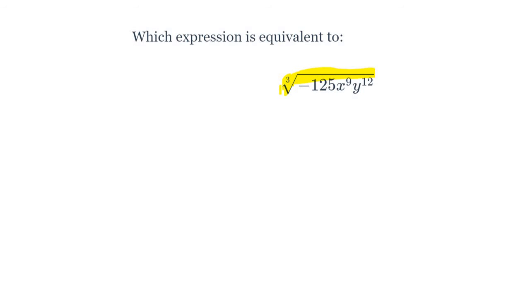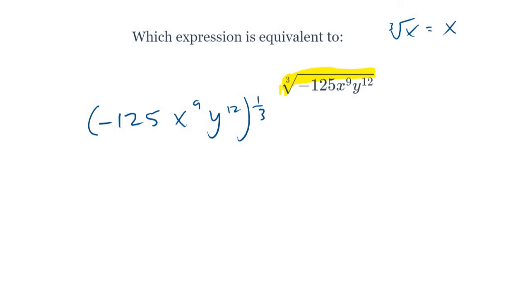So we're going to put everything inside parentheses: negative 125 x to the 9th y to the 12th, and then use 1/3 as the exponent, because the cube root of any number is like that number raised to 1/3. Then we apply the power to everything inside.